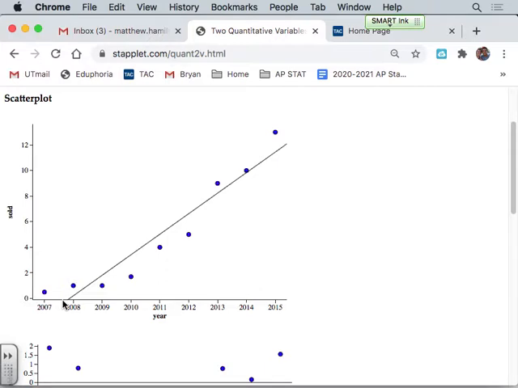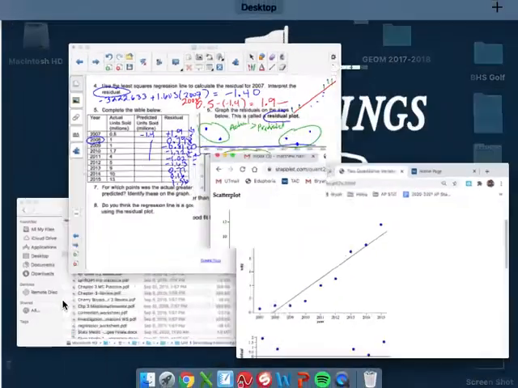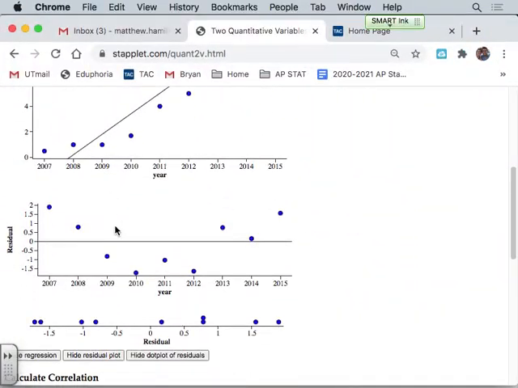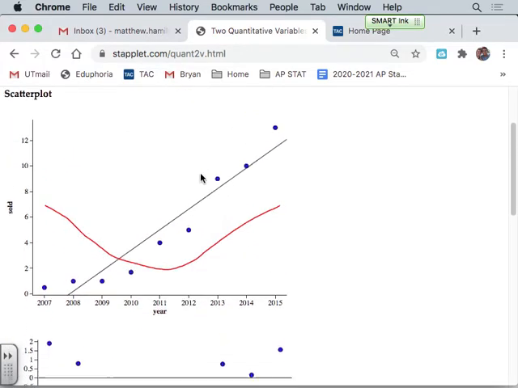What we have when we do a residual plot is that it's not good when there's a pattern, and there's a clear pattern to our residuals. Some go above, and then we go below, and then we go above. There's a curvature to our residuals.